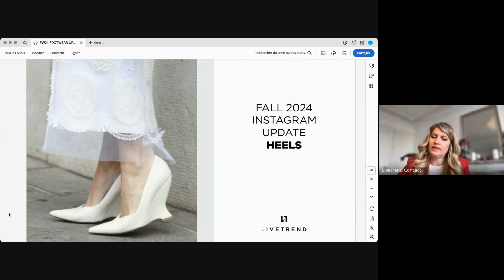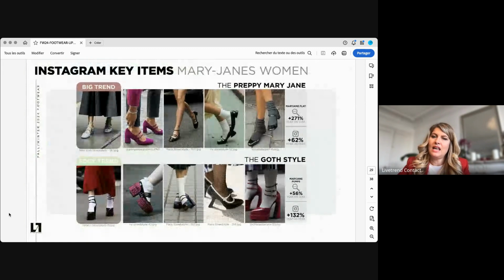And then I go with heels. If we have a look at heels, of course, we cannot skip the Mary Jane, because the Mary Jane style has been one of the biggest growing trends in the last season. So we detect it as a big trend. It increased 62% in visibility.